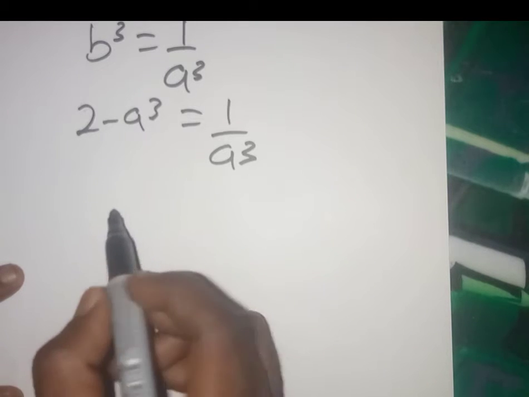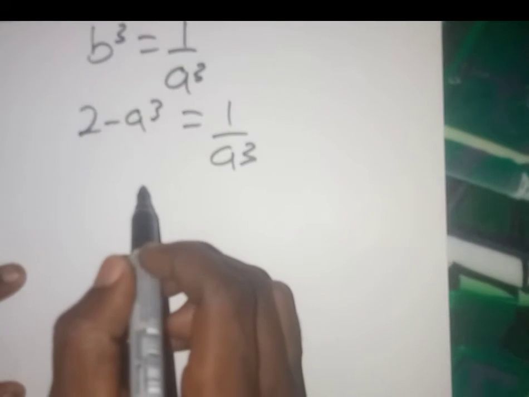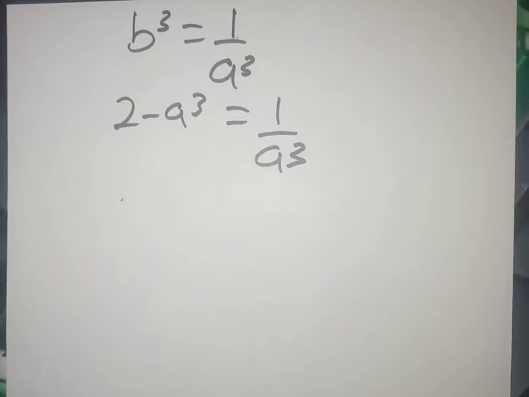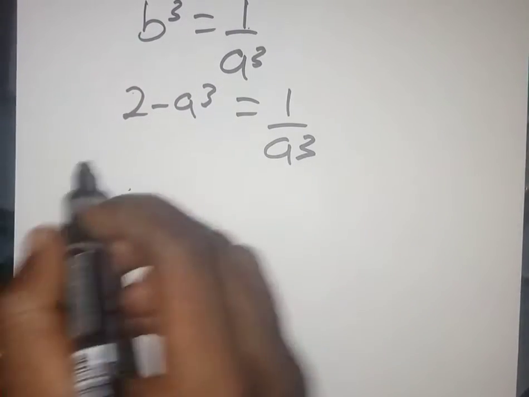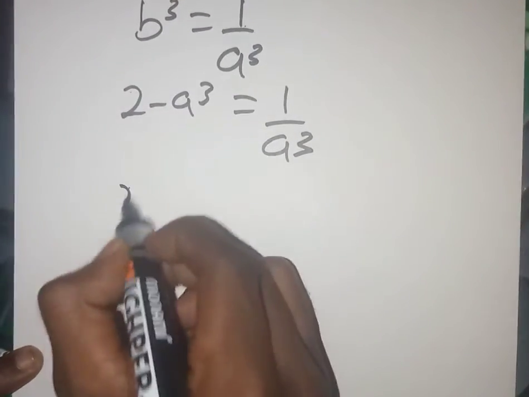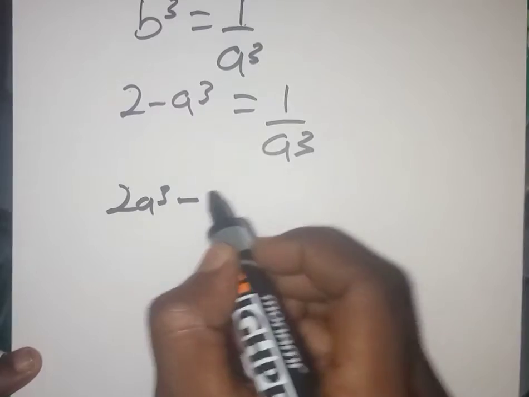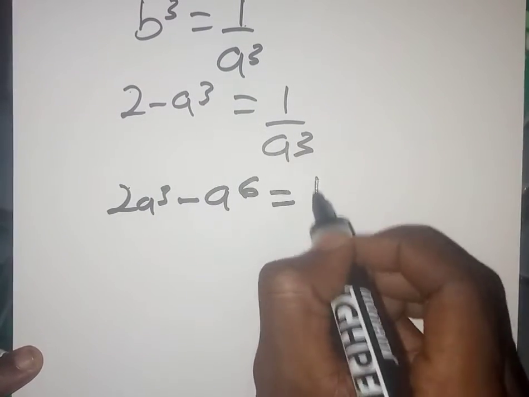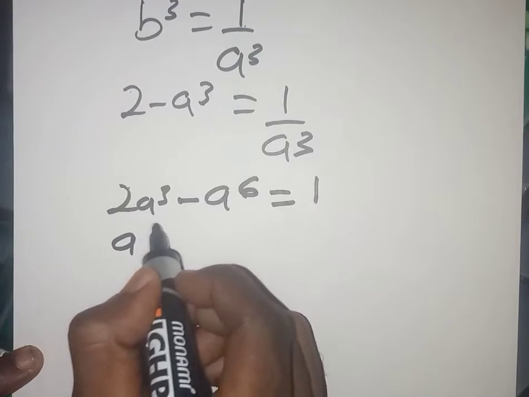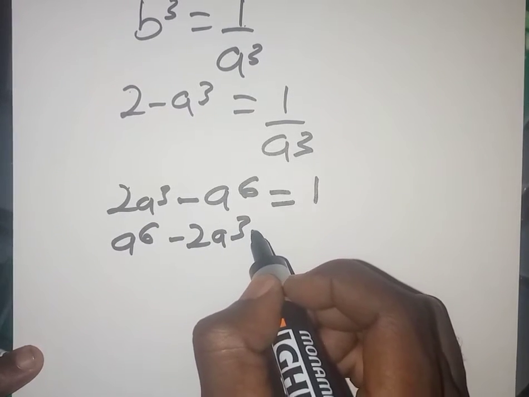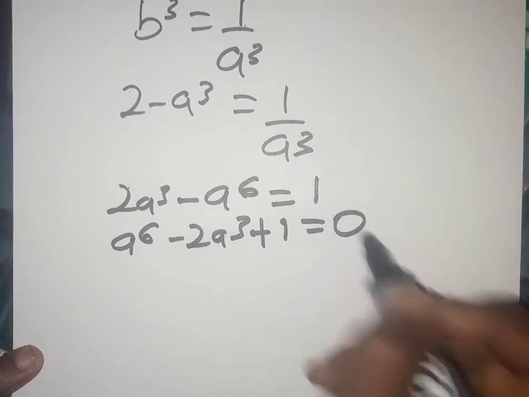So from here, multiplying all sides by a cube, expanding this is basically going to give us 2a cube minus a to the power 6 being equal to 1. Just writing this, it becomes a to the power 6 minus 2a cube plus 1 being equal to 0.